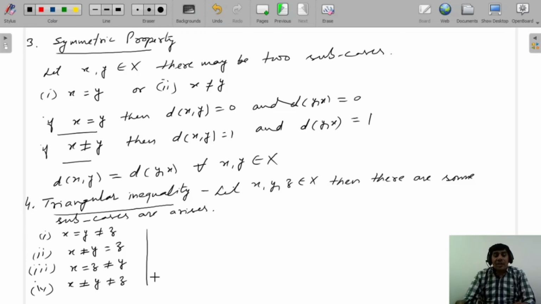There are four possibilities. Maybe x is equal to y but not equal to z. Maybe x and y are not equal but y is equal to z. Maybe x is equal to z but not equal to y. And the last, all 3 points are distinct points.